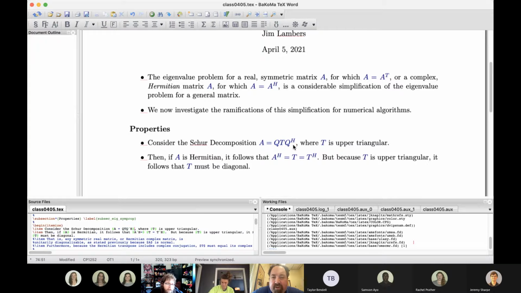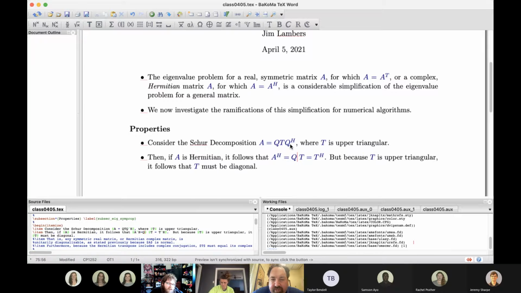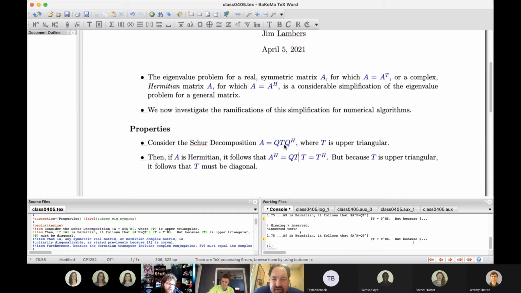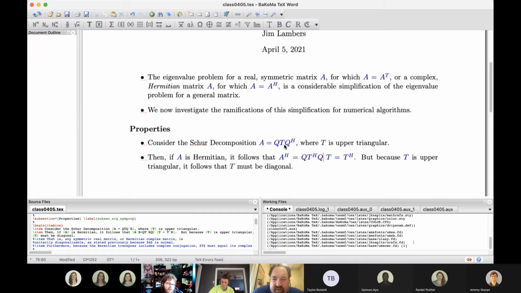The transpose of a product is the product of the transposes in reverse order. I really think there hasn't been a single class period where that property has not come up. So Q^HH would just be Q, and then I have T^H, and then Q^H.